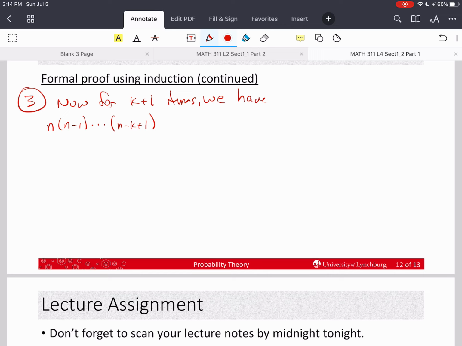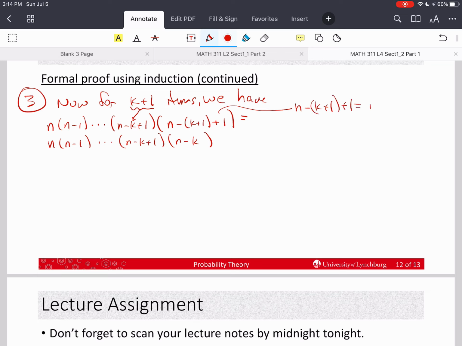And then we need to go further because we need k plus 1. We need to substitute this in for the k. So this is going to be n minus k plus 1 plus 1. Okay? Which is equal to n, n minus 1, n minus k plus 1, n minus k. Because n minus k plus 1 equals n minus k minus 1 plus 1. These two cancel out and leave us n minus k.